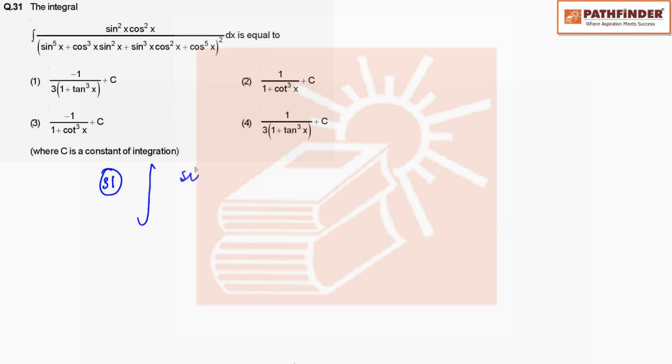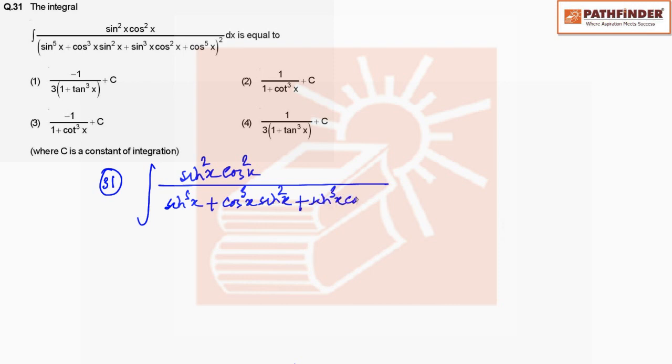The question is sin square x into cos square x divided by (sin to the power 5x plus cos cube x sin square x plus sin cube x cos square x plus cos to the power 5x) whole square dx.